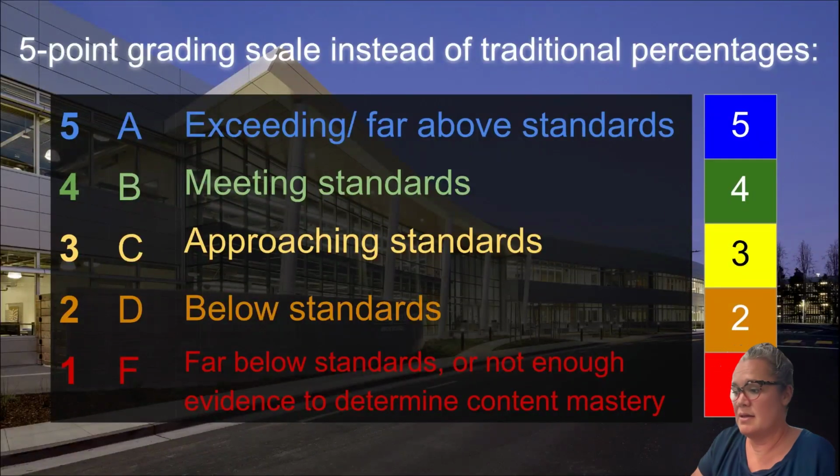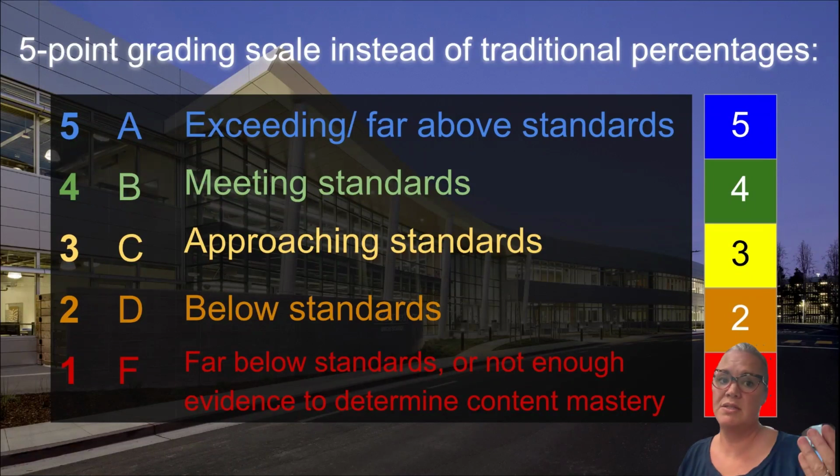As we grade, we are using a 5-point grading system instead of traditional percentages. So you can see here, it doesn't translate quite the same. Whereas anything less than half would be failing, or less than 60% would be failing in a traditional grading system.